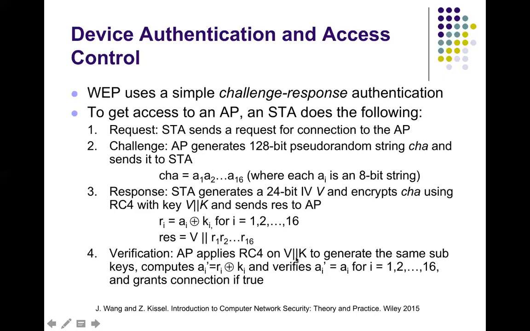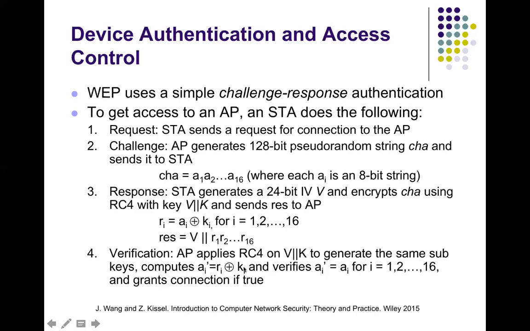ARC4 basically takes this key as input and generates a sequence of subkeys. It generates the same subkeys, and then you get K sub 1 up to K sub 16, the subkeys generated by ARC4 on this ARC4 key.